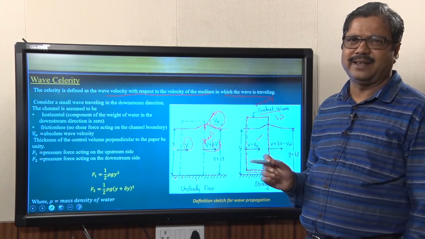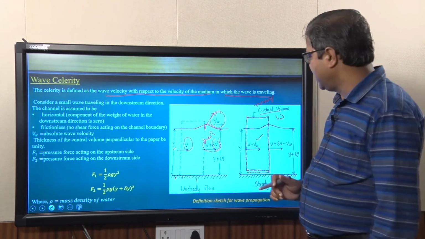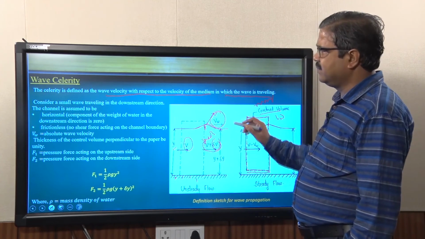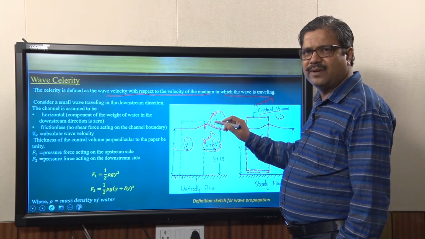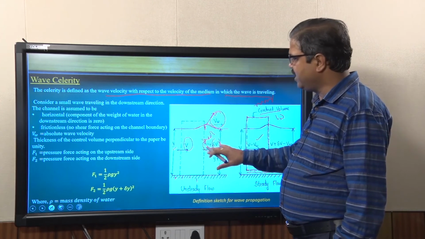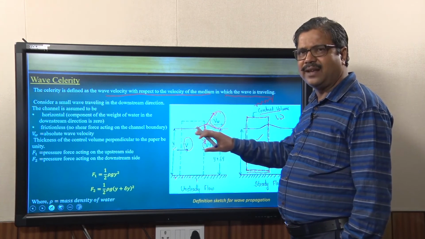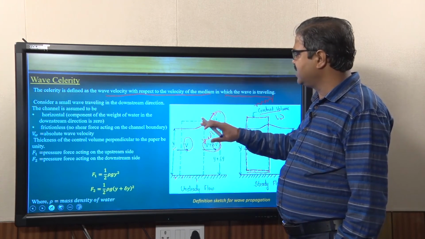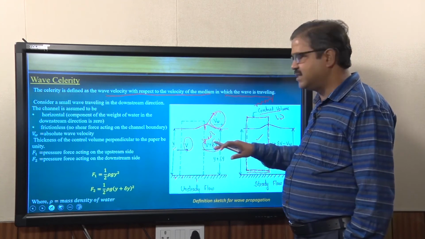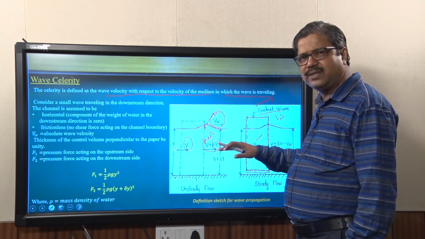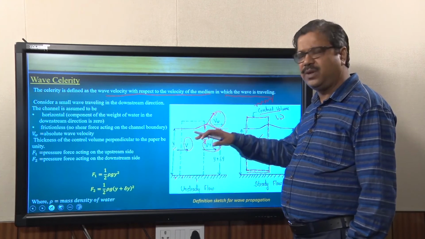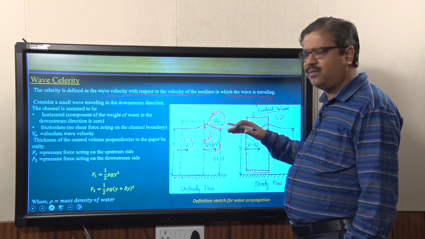That is the basic idea. Again I want to repeat that we consider a disturbance or wave in a flow where you have a velocity v, and because of the disturbance the flow depth changes from y to y plus delta y, and v changes from v to v plus delta v.